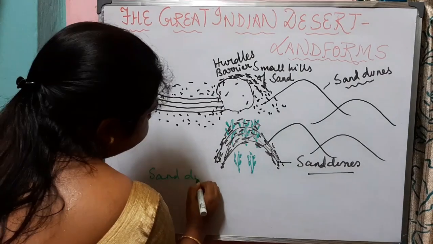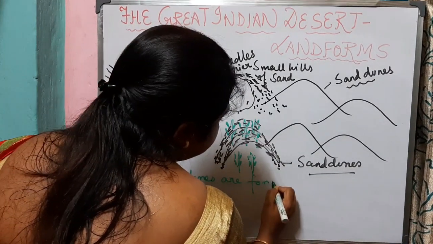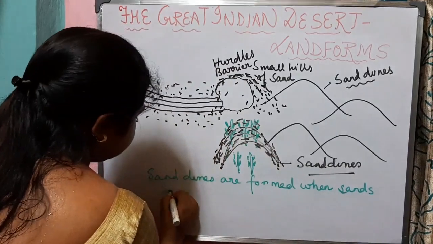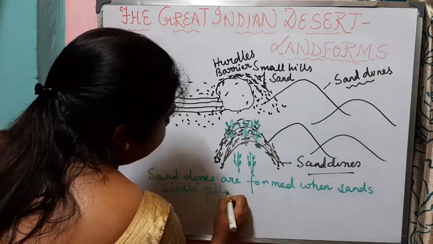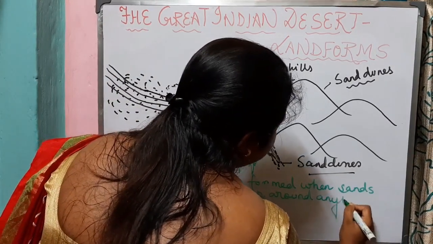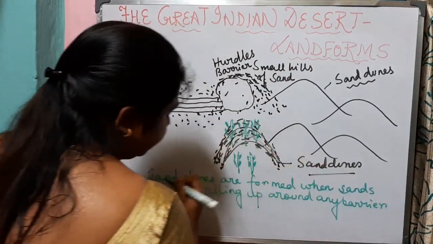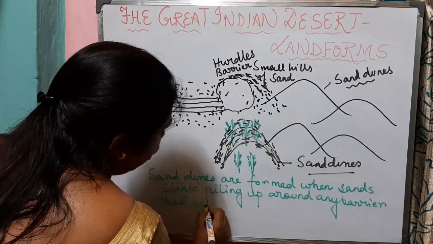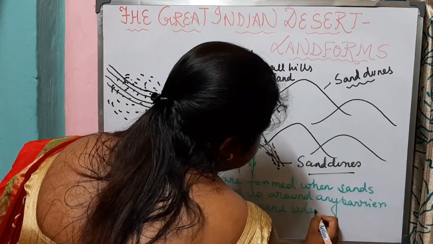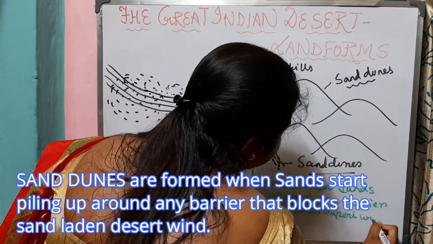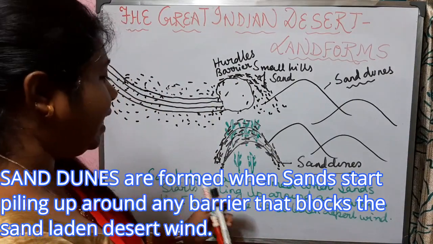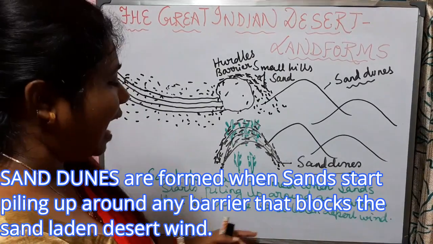Sand dunes are formed when sands start piling up around any barrier, a rock or vegetation, that blocks the sand-laden desert wind. So how are sand dunes formed? Sand dunes are formed when sands start piling up around any barrier that blocks the sand-laden desert wind.